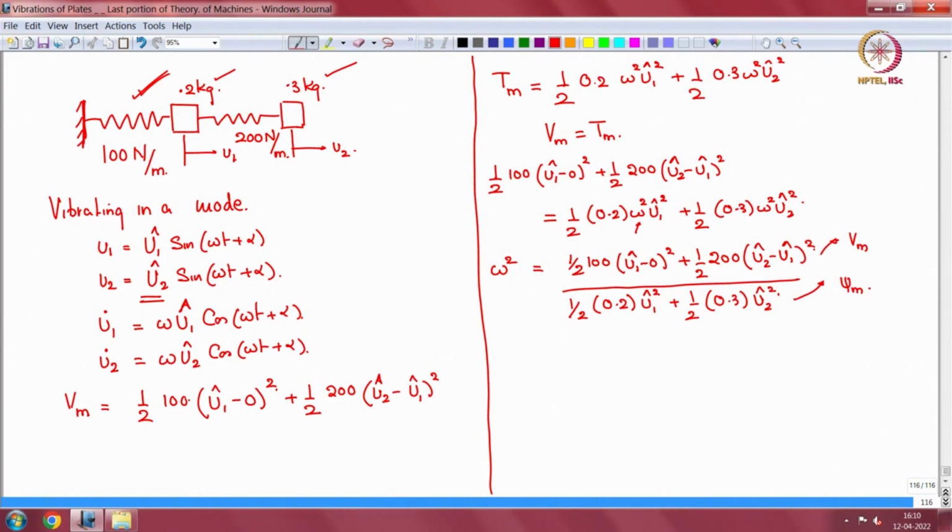Okay. Now if we say that eta is the ratio of u1 hat by u2 hat, then what happens here?